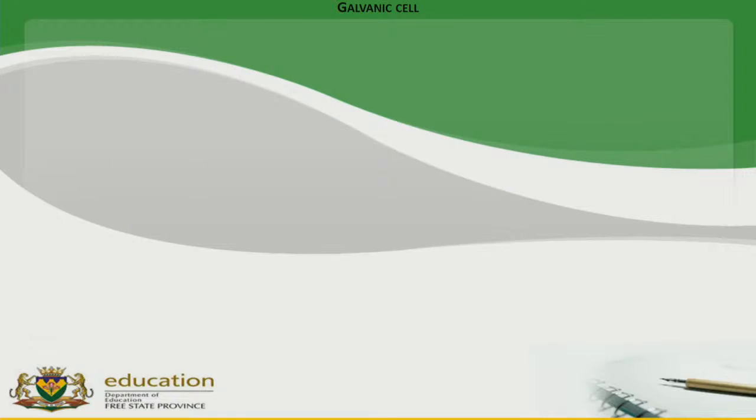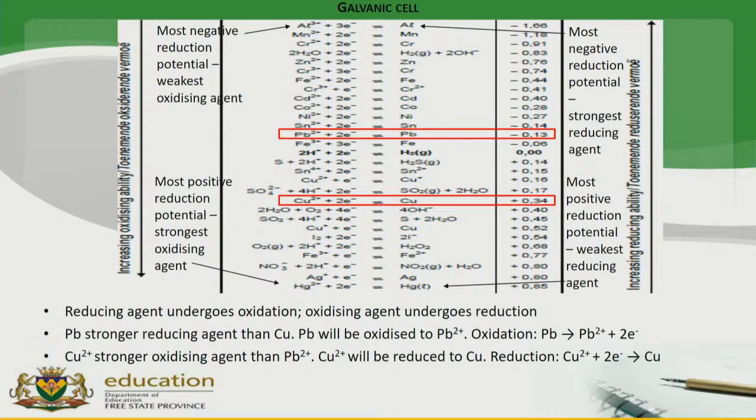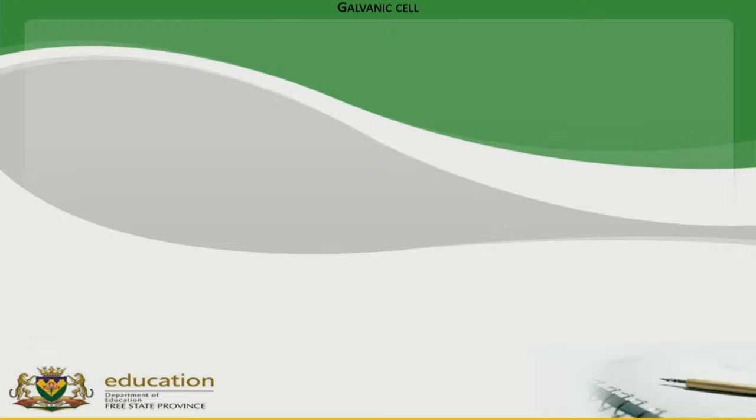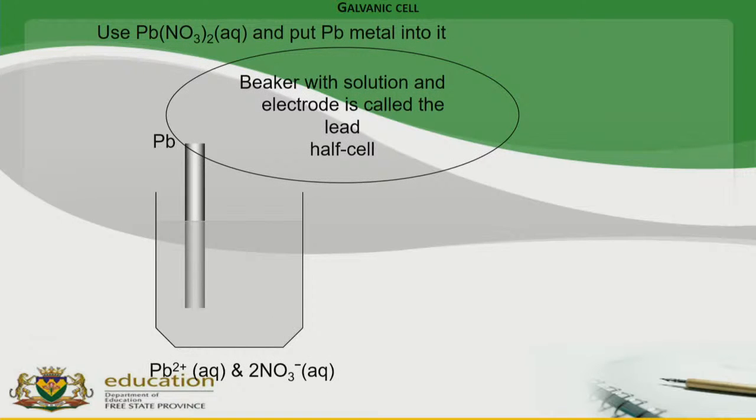Now say for instance we're talking about a galvanic cell. Here's a galvanic cell. We are talking about lead and copper. For this cell to be functional, you must have a lead half cell and a copper half cell. What is in the lead half cell?